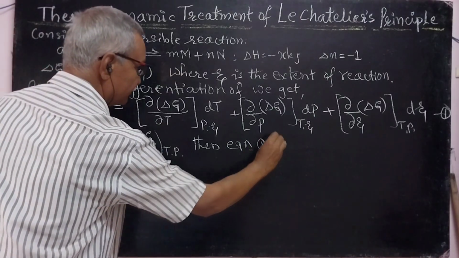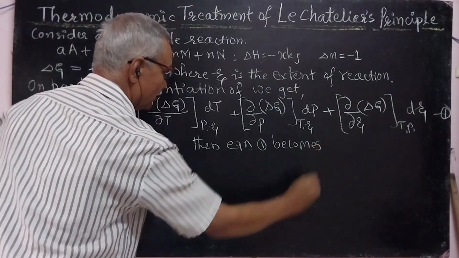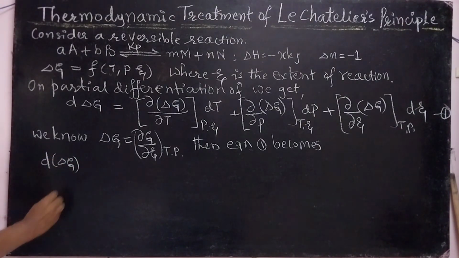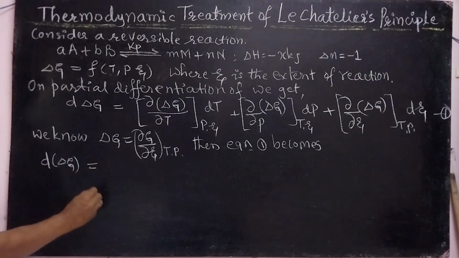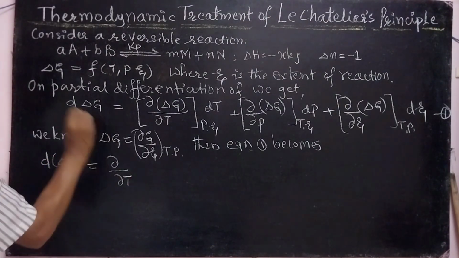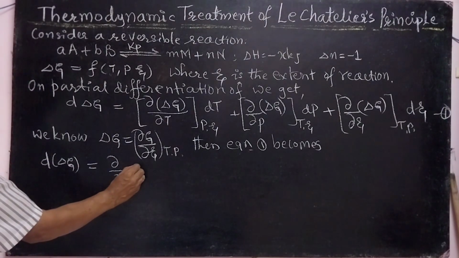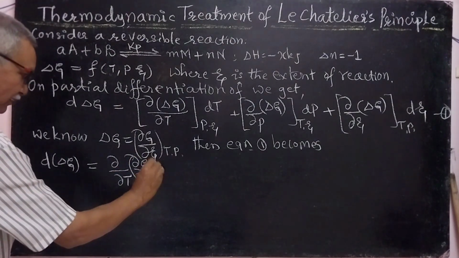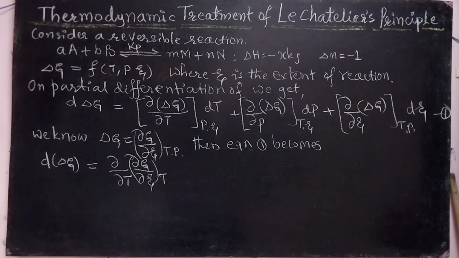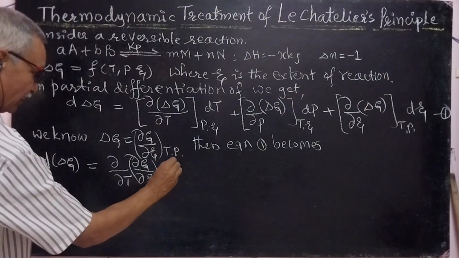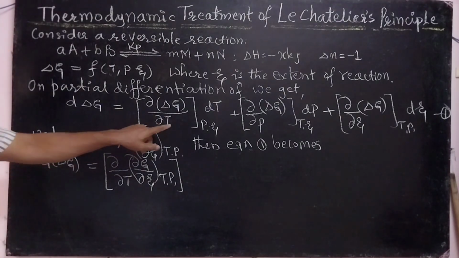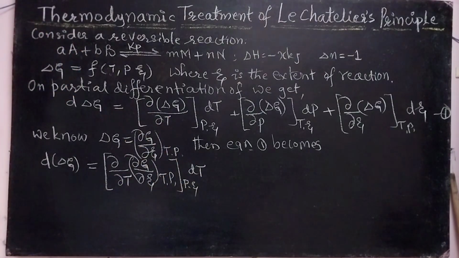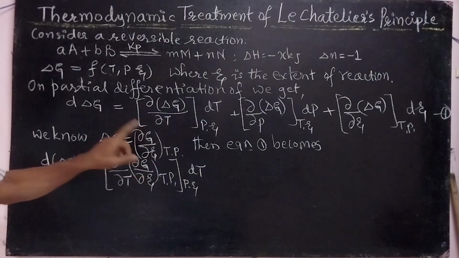Then equation 1 becomes d delta G equal to dou by dou T, you keep it as it is, of dou G by dou epsilon at constant temperature and pressure, and this term is at constant pressure and epsilon, into dT. You substitute delta G by this term.